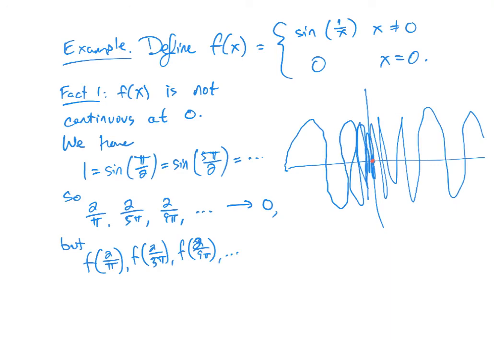So every one of those values is 1, so that converges to 1. Okay, and 1 is not equal to f of 0. You're good? So f is not continuous there.